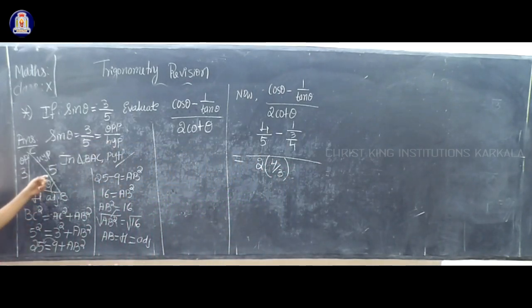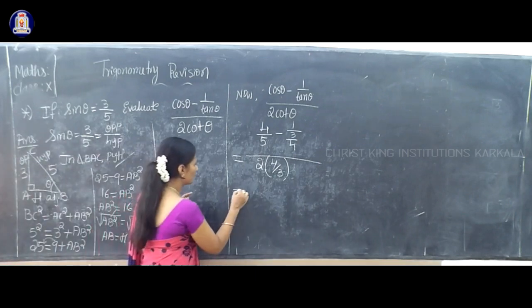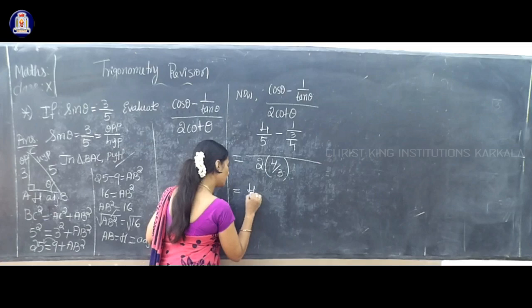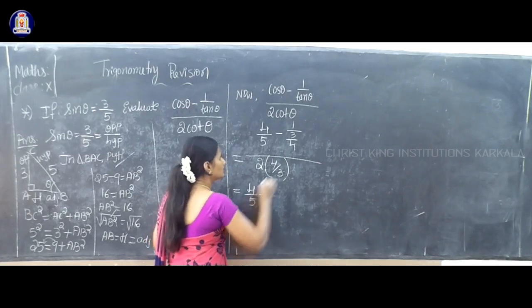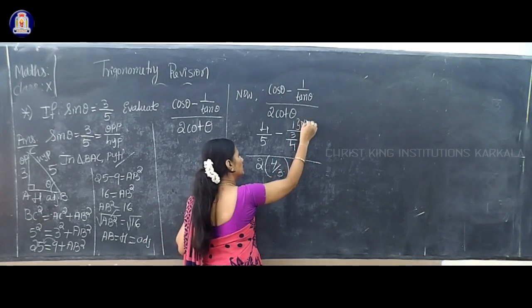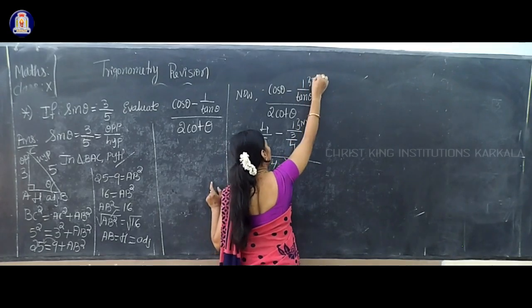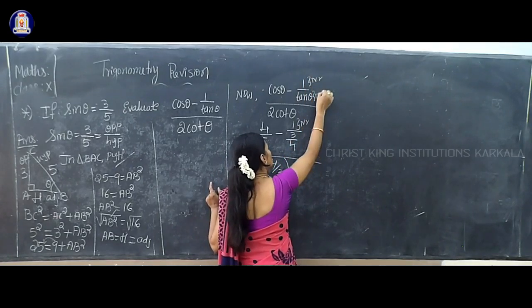Once again I will check the substitution. Cos is 4 divided by 5, minus 1 divided by tan, which is 3 by 4. Next, 2 cot is 2 into 4 divided by 3. So now simplification. 4 divided by 5 minus, this is the numerator and this is the denominator.